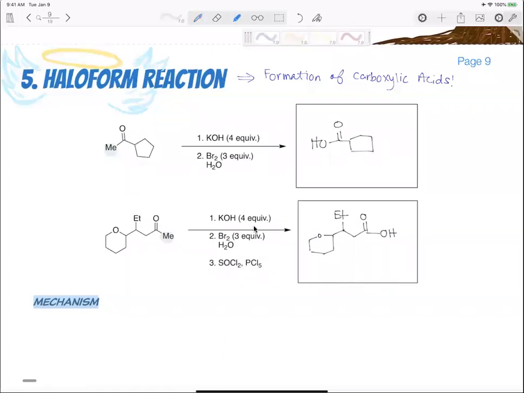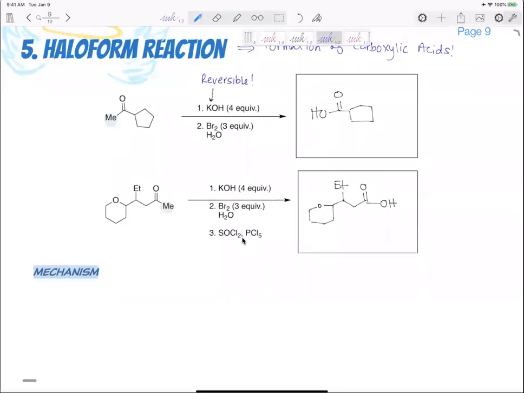Why? Because you have a strong base that's able to deprotonate, right? Instead of using NaOMe, we're using a small base here, okay? So don't forget, potassium hydroxide is a reversible base. Okay, and why do we need halogens and water?